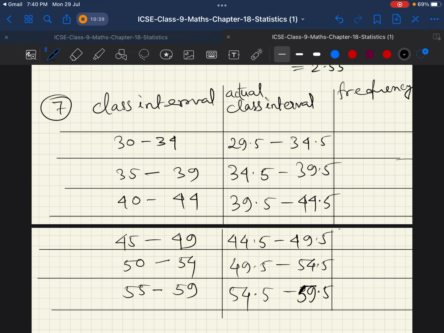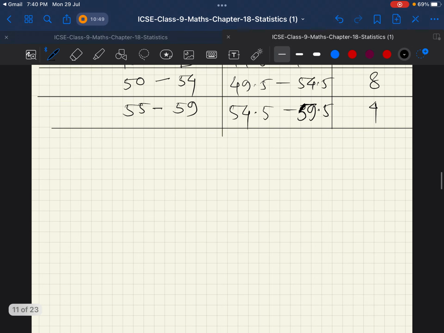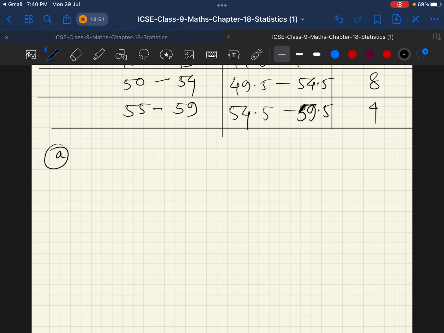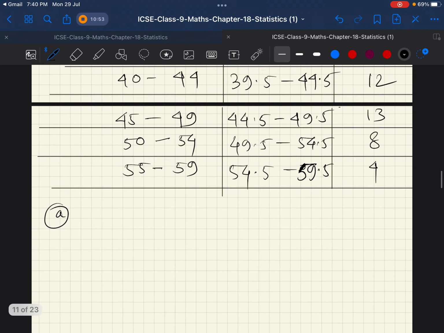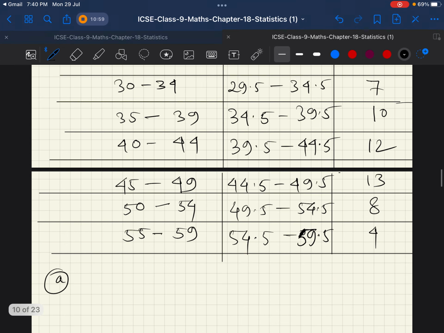Here you see the frequencies 7, 10, 12, 13, 8 and 4. Now question A: actual class limit of the fourth class. Here the fourth class is 45 to 49, that means 44.5 to 49.5.